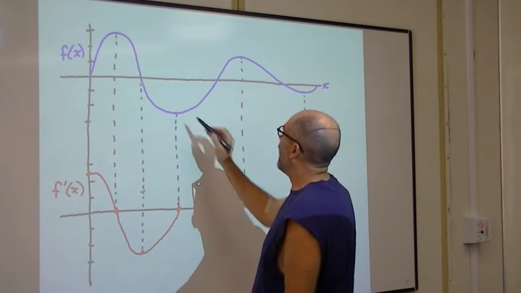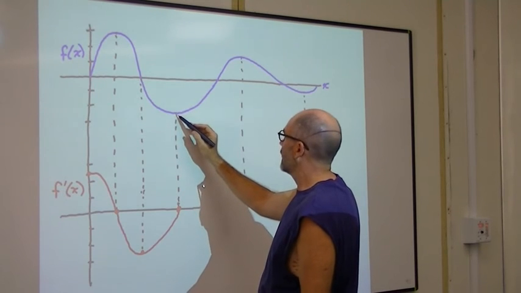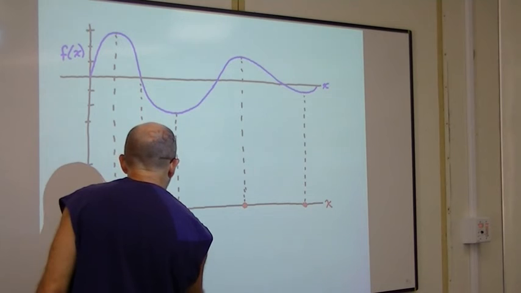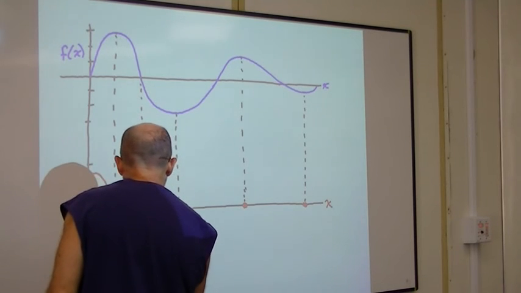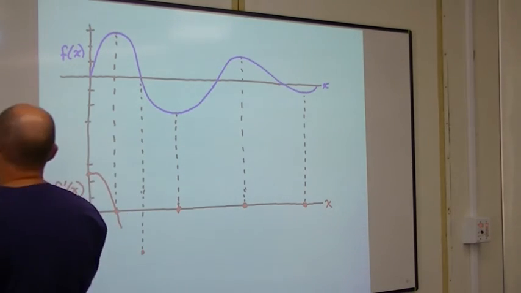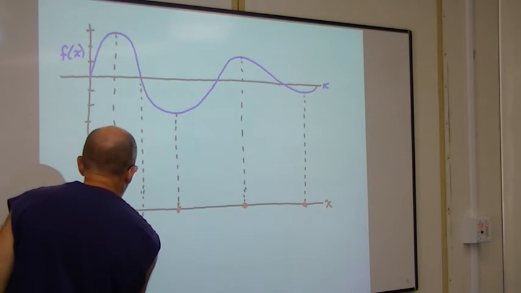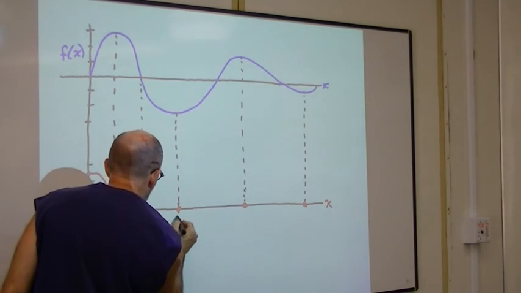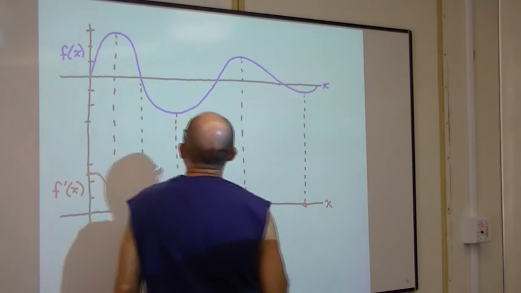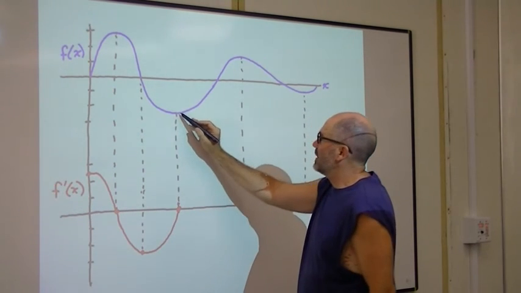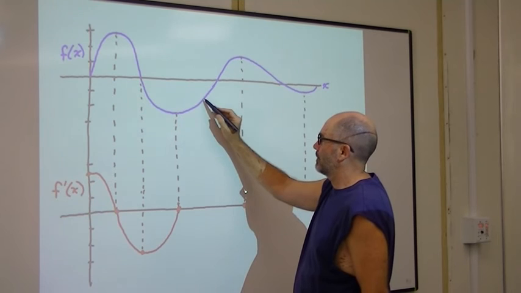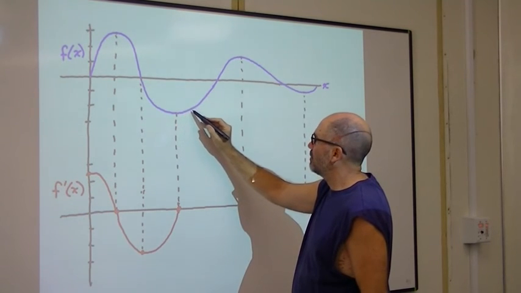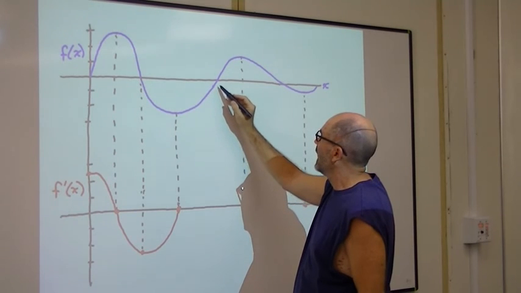Now, at this point, let's fix that a little. Okay. Now at this point, the slope is beginning to go positive again. And it's very small positive, but it's changing pretty quickly.